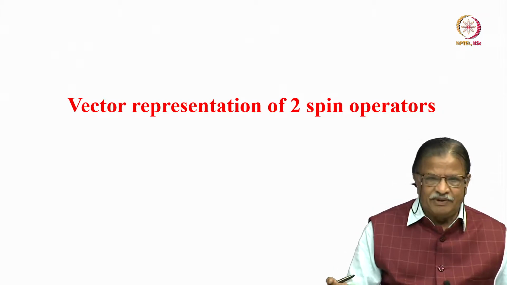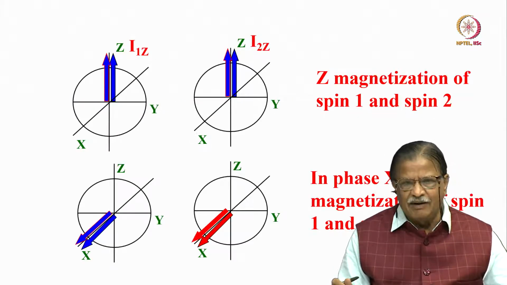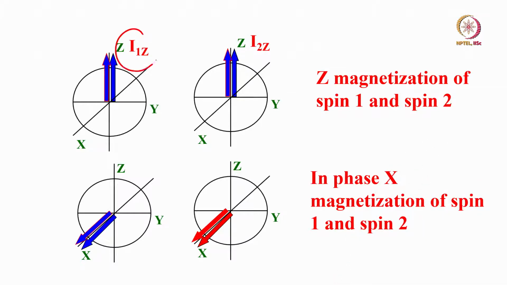So, now a vector representation of all these 2 spin operators can be made. This is what we said, I1z, I2z, what are I1x, I2x, etc. Graphically also we can see how they are. Okay. So, we can represent these 2 spin operators vectorially. For example, if I write like this, this is I1z, the two J split multiplets are along the z axis.